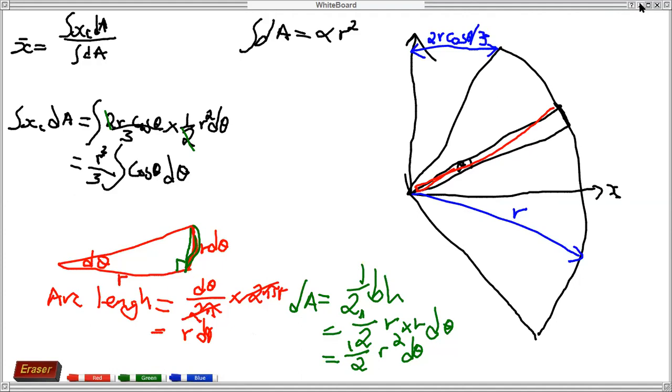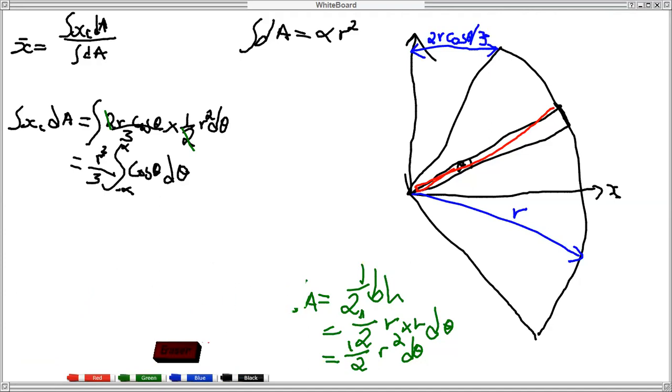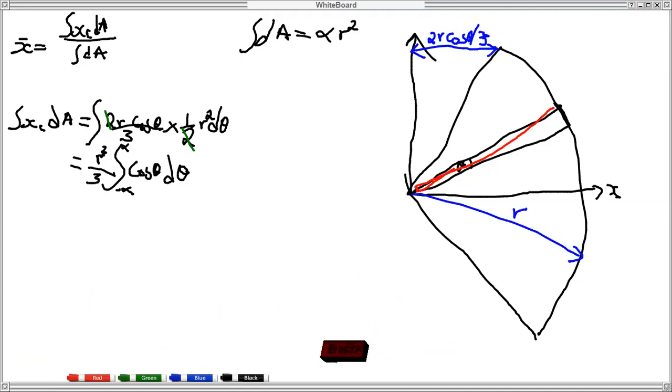Because here they have given that the angle is alpha, we can say this is plus alpha, and on this side is minus alpha. So we can use that in our integral, from minus alpha to plus alpha. Then we integrate that.